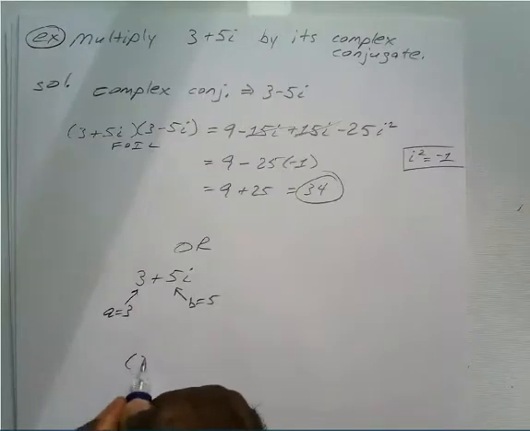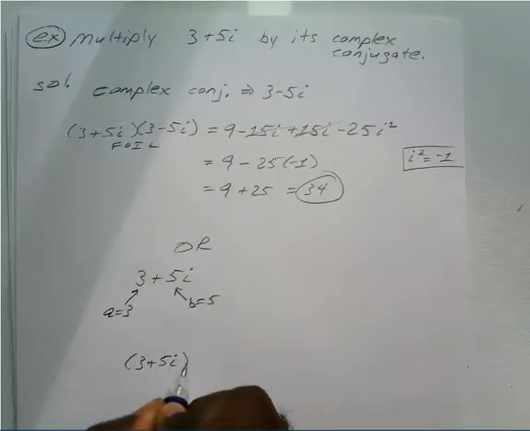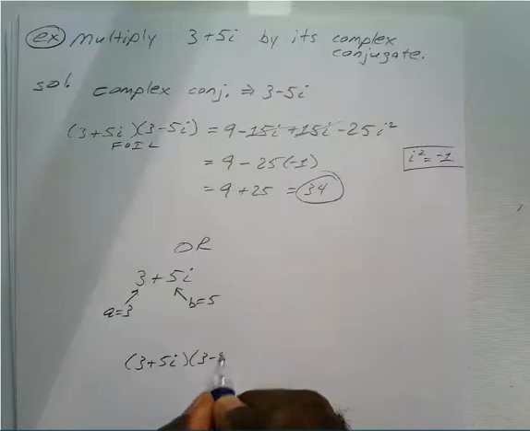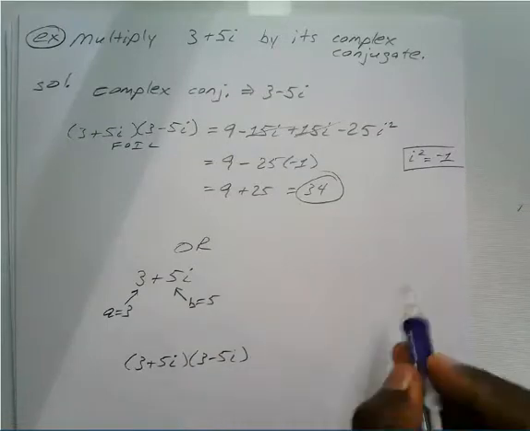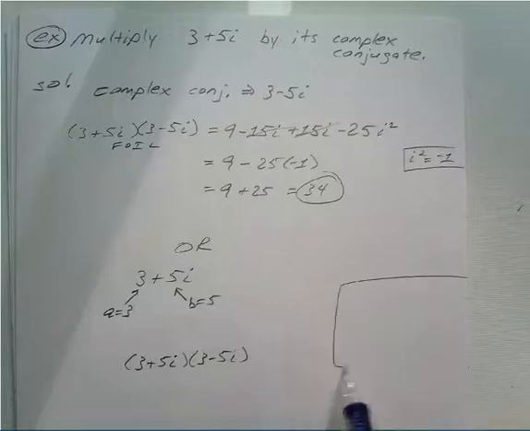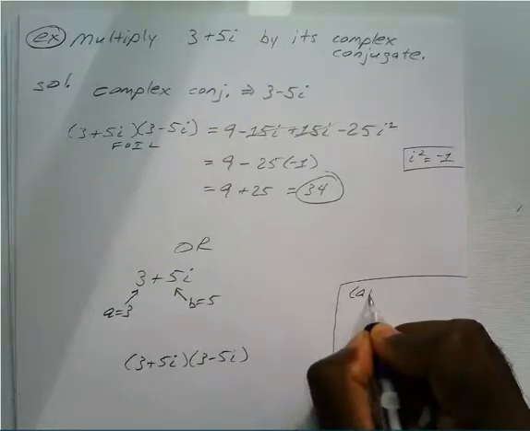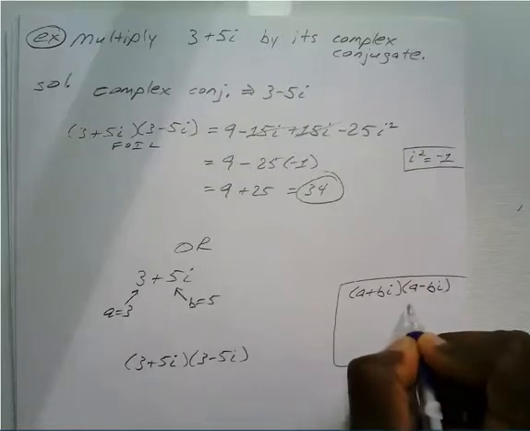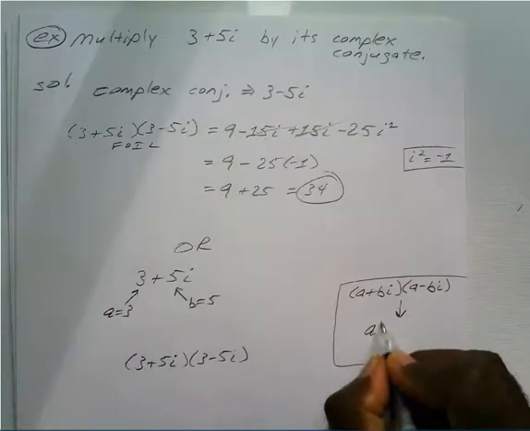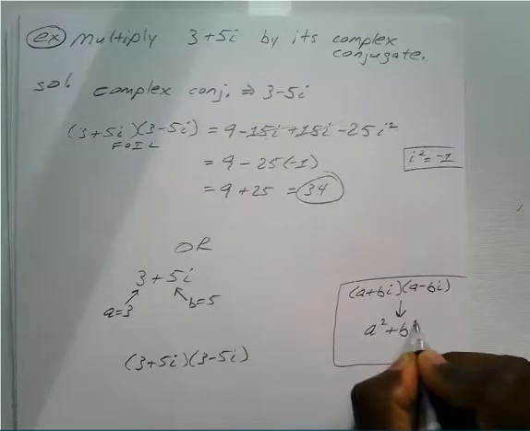So if we wanted to multiply 3 plus 5i times 3 minus 5i, going from the formula, a plus bi times a minus bi will be a squared plus b squared.